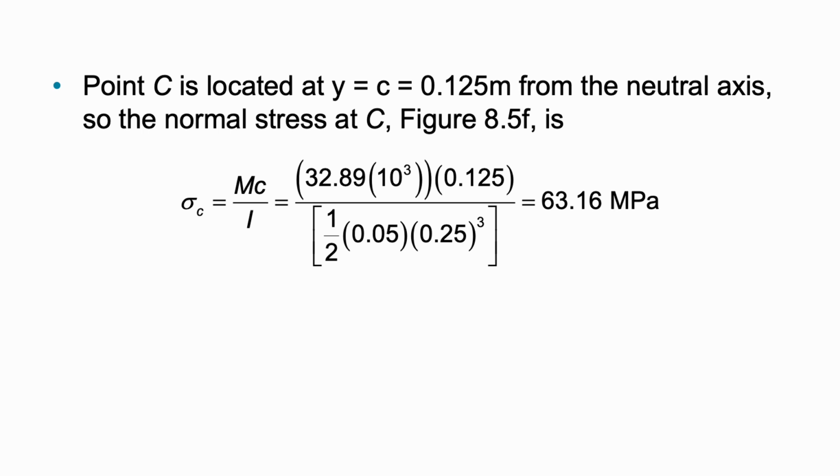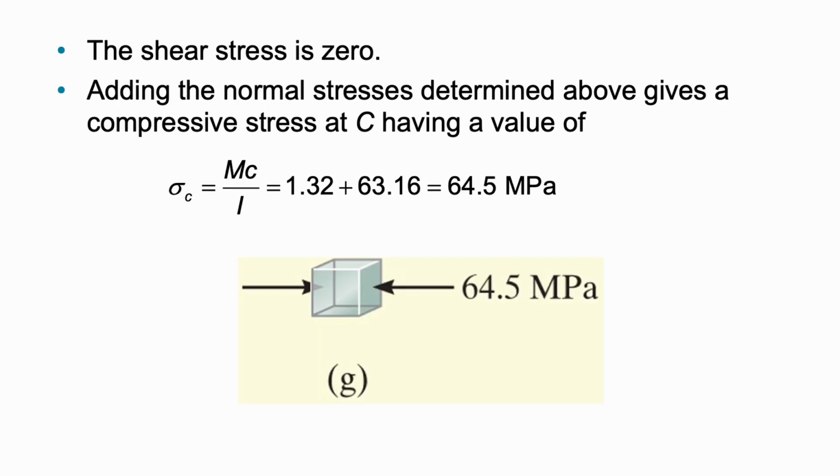And we are dividing everything by 0.05 times 0.25 cubed, and here it is 12 instead of 2, which will give us 63.16 megapascal. So shear stress, we already said, is 0. Adding the normal stress at point C, we will have moment plus axial loading, which will be 1.32 plus 63.16, and our normal stress will be 64.5.